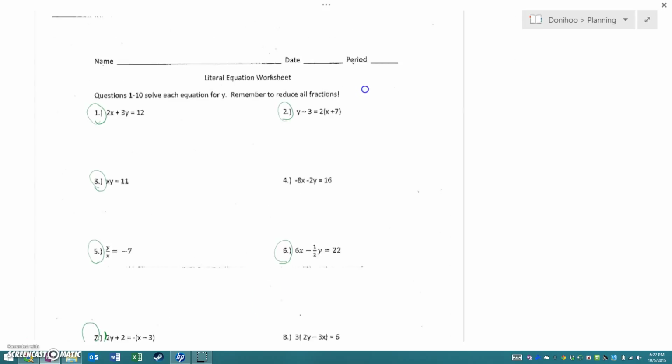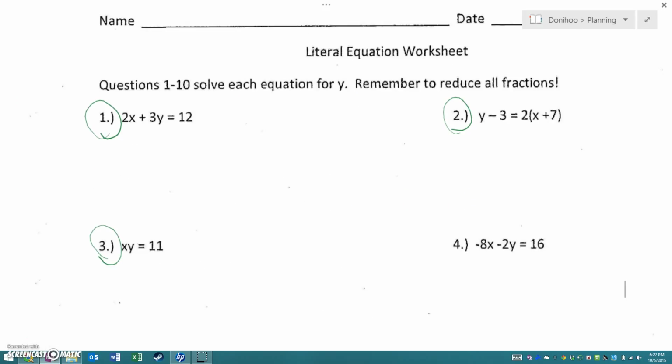Again, you're asked to solve for the variable y in all of these equations. For example, number 1, if we're solving for y, that means we're getting rid of 2x and we're getting rid of 3. Since this is separated with an addition, that means subtraction, because that 2 is positive, is the only thing that can get rid of that 2x.